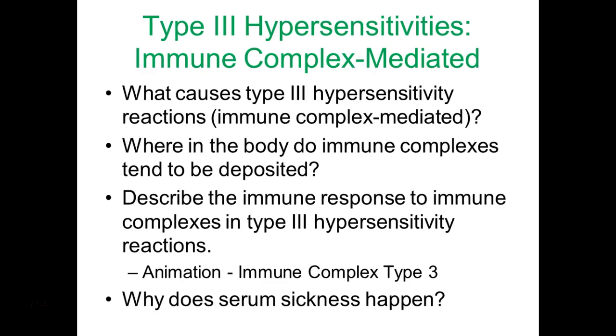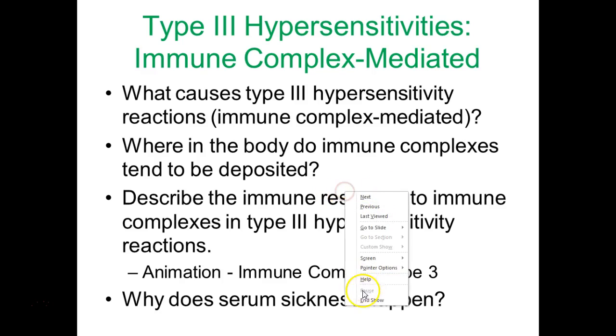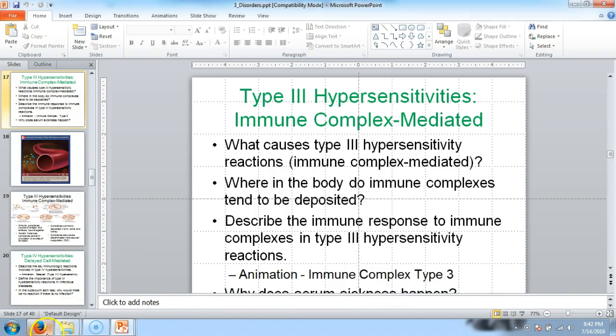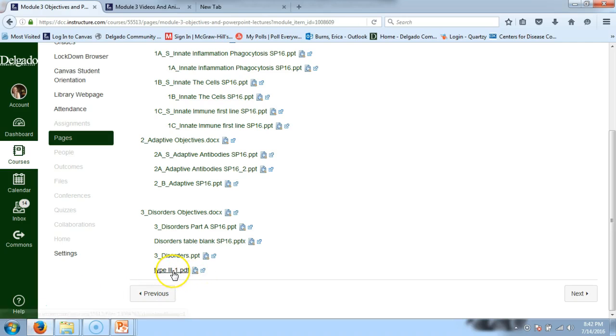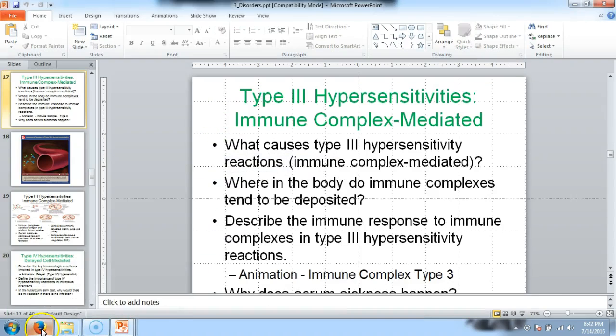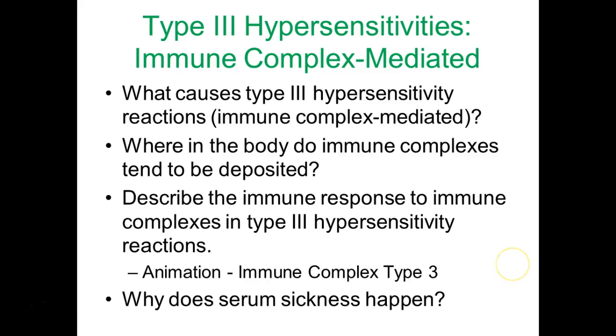All right. Type 3. This one is not covered very well in your current textbook. I had wanted to print this out for you guys, but I didn't. But I did post it for you, so this type 3 document, definitely take a look at it. It does a really good job of describing type 3 and what's going on with that. Type 3 is immune complex mediated.